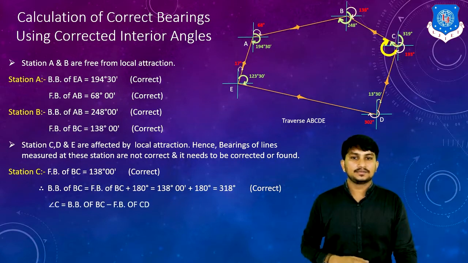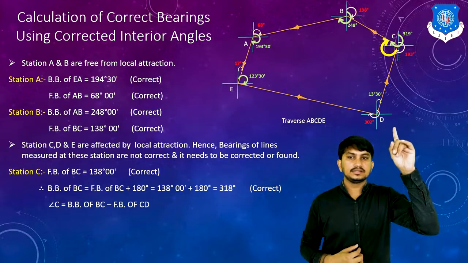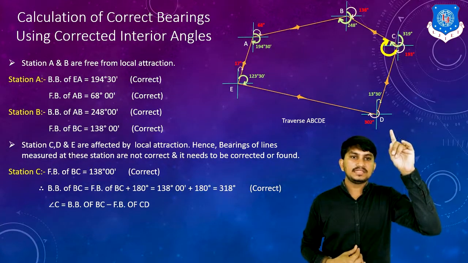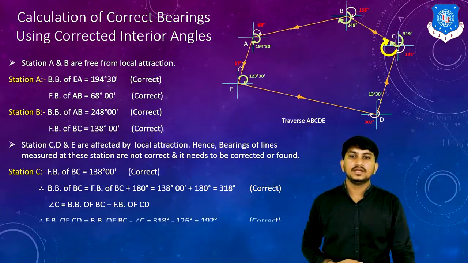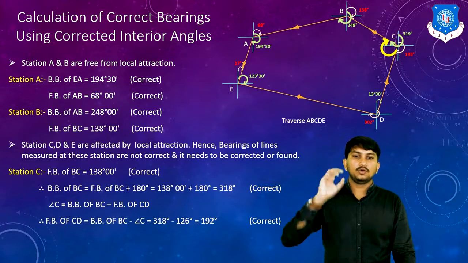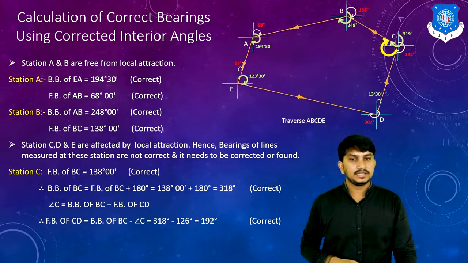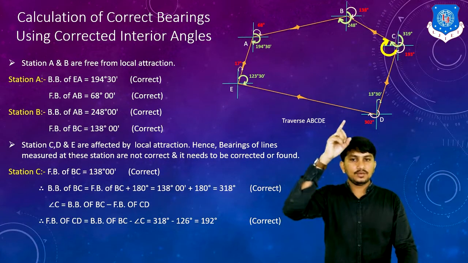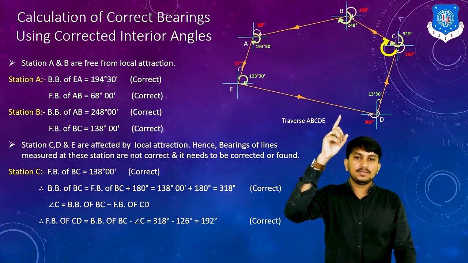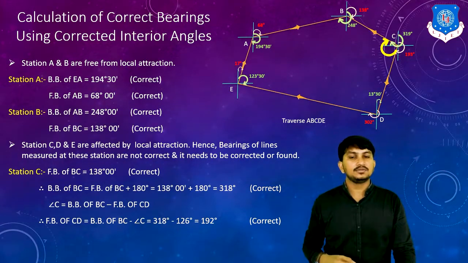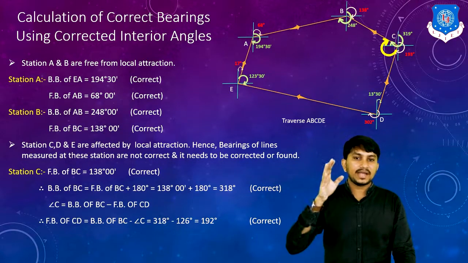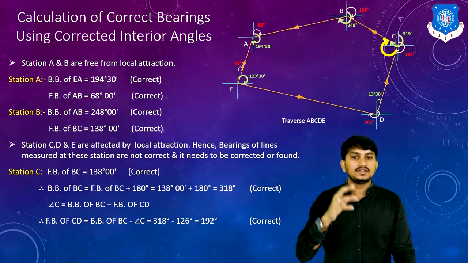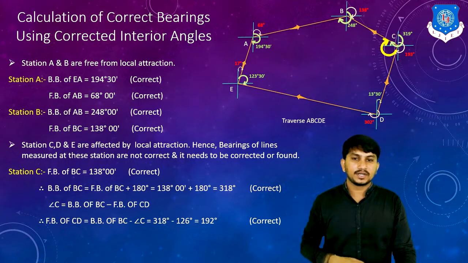Clearly, angle C is equal to BB of BC minus FB of CD. We have the value of angle C, which is 126 degrees. So using this formula, we can find out FB of CD. FB of CD is equal to BB of BC minus angle C: 318 degrees minus 126 degrees, which is 190 degrees.